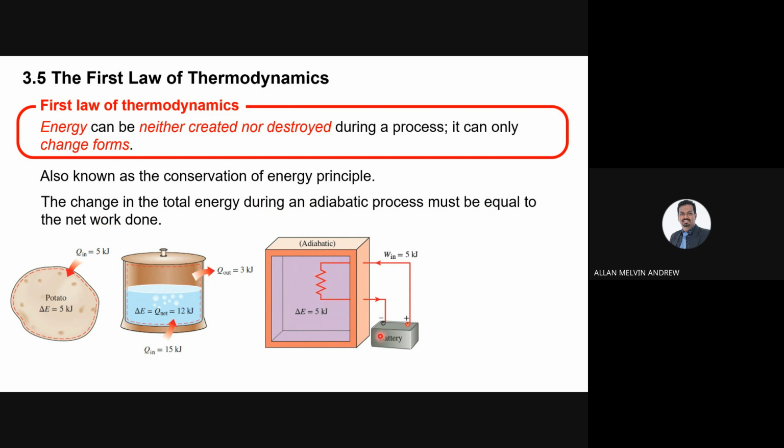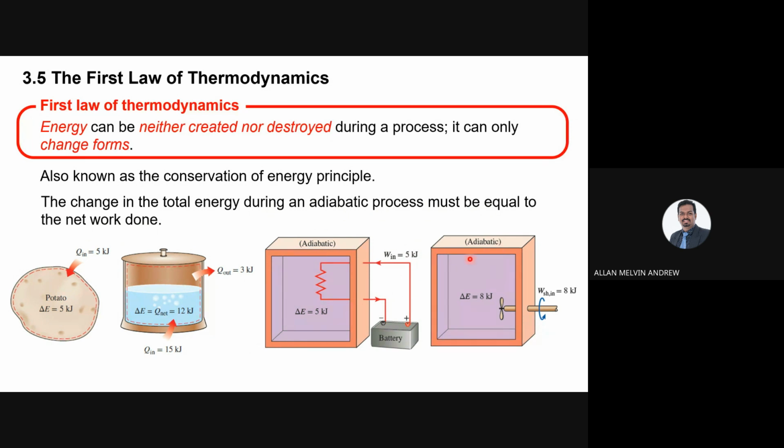You can see here from the battery, W in is 5 kilojoule, and W out is not mentioned. So from W in you are getting plus 5, 5 kilojoule as the energy change.